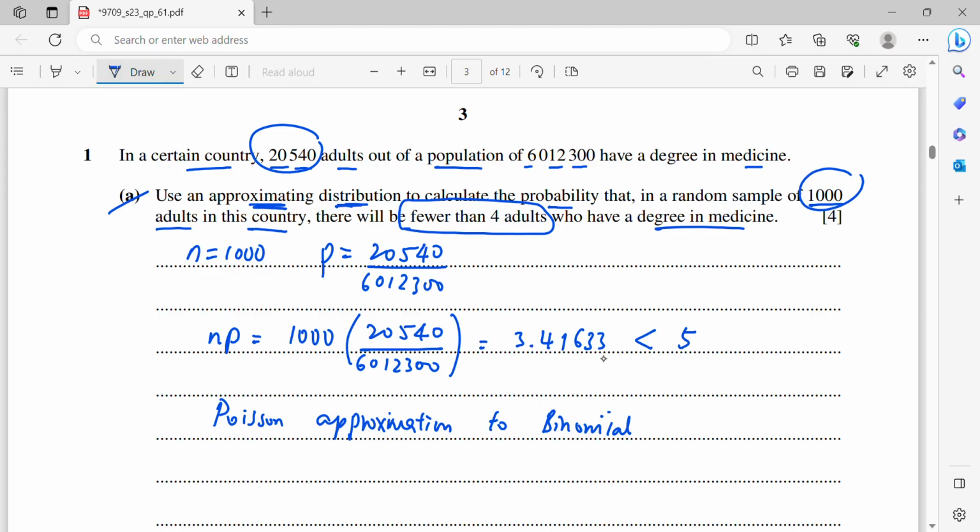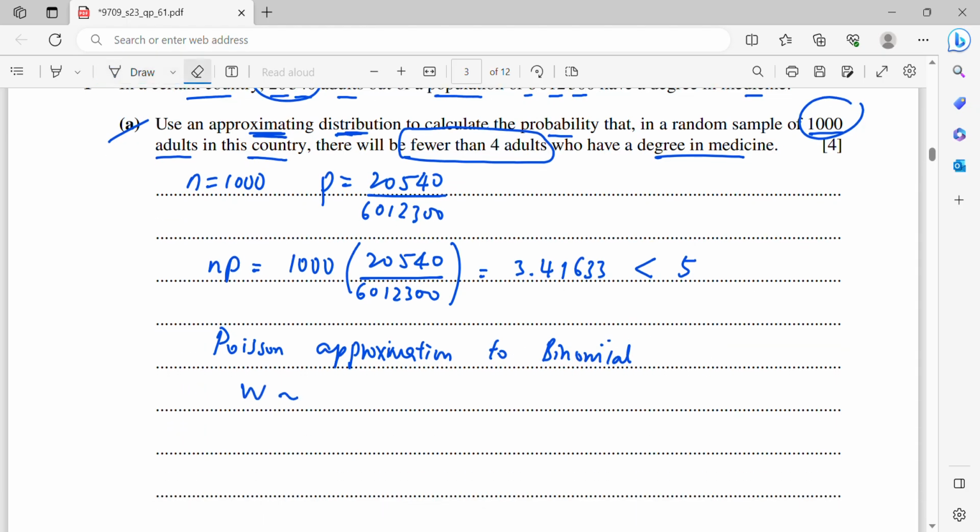Now from here, my Poisson, I let it be W. My original distribution, X, is binomial with n 1,000 and then the p value. And then it will be approximated to Poisson.